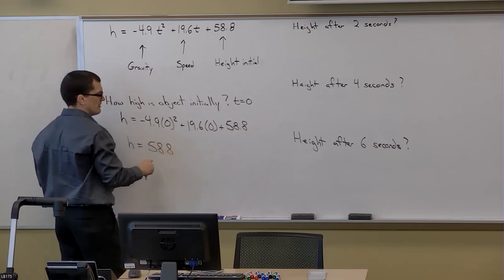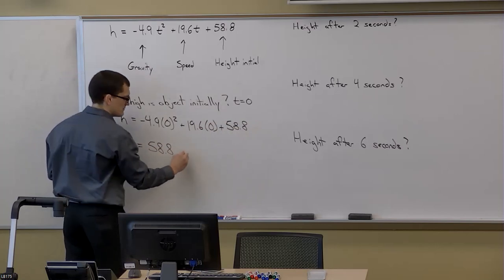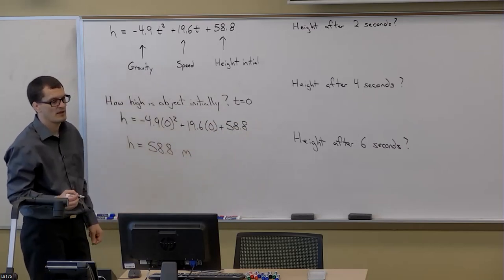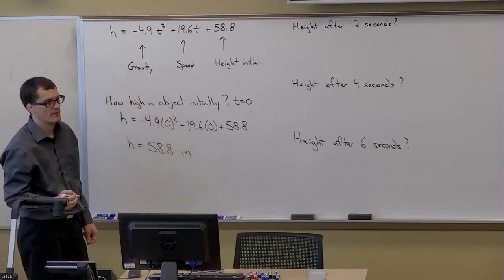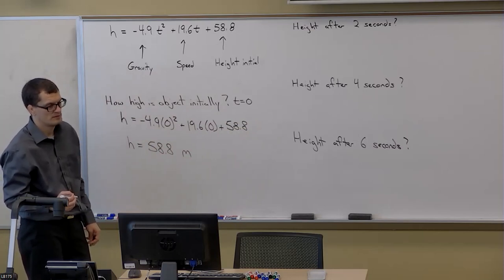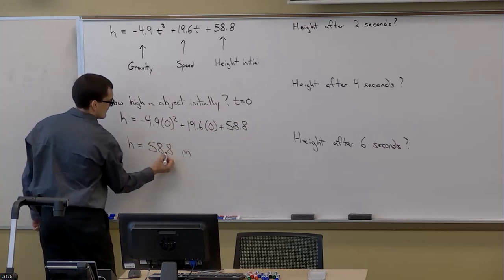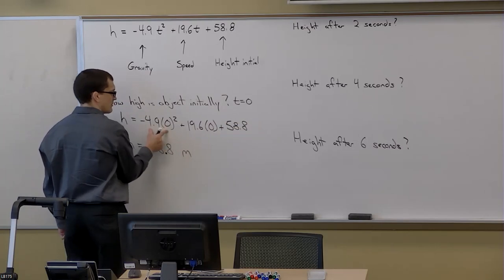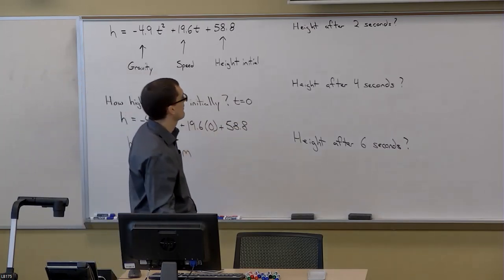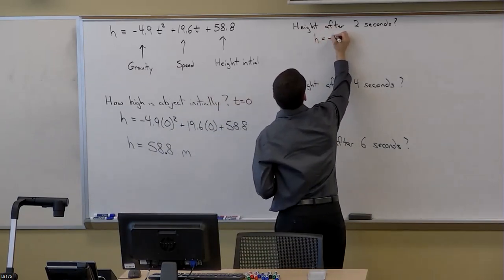We launched it off of a tower that was 58.8 meters tall. Right. So the initial height is 58.8. That's just what you get, because that goes to 0, that goes to 0. After 2 seconds, well, we'll just plug in a 2.